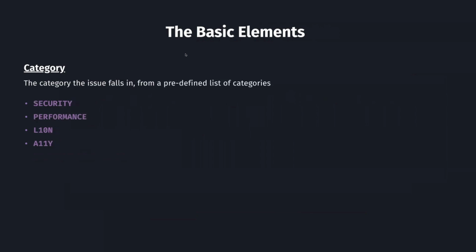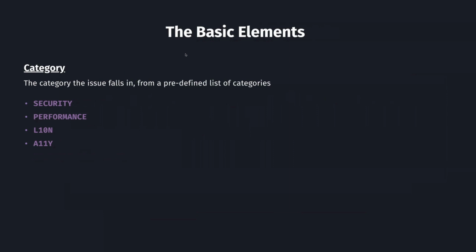The next is category, and it just defines the category the particular issue falls in from a predefined list of categories. Categories don't have a functional effect on your lint rules, but these come in handy when you're looking at the report file generated by lint.